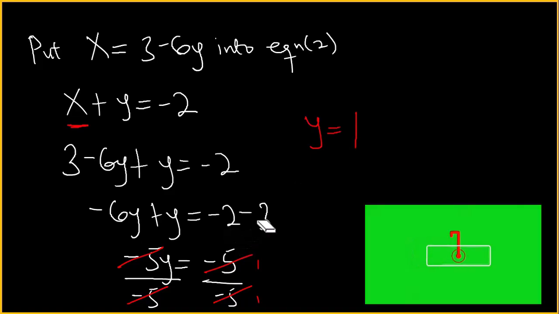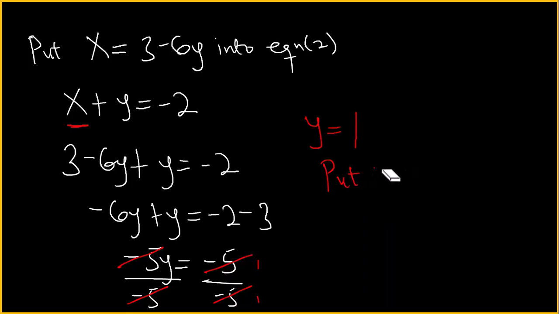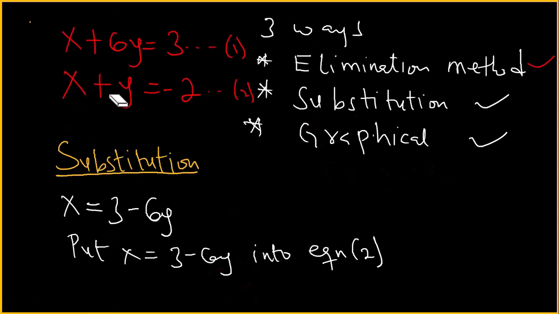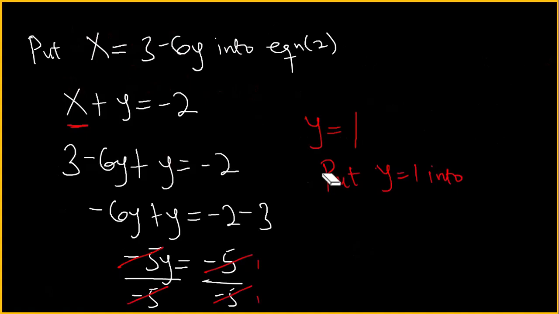We put y equals 1 into any of the equations, so either 1 or 2. So y is kept in any of the equations to find x. Either 1 or 2, anything holds. Into equation 2.